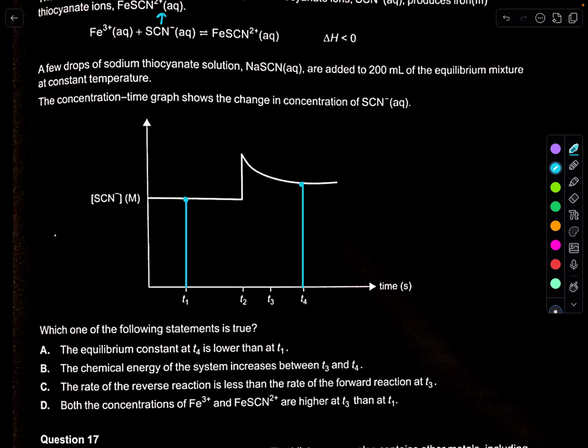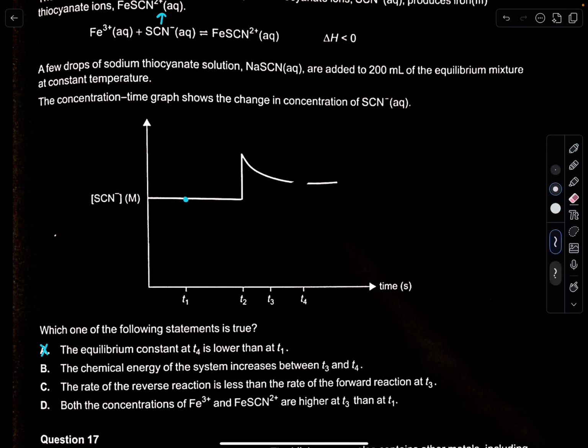Doing anything like increasing pressure, adding reactants or changing volume does not have an effect on the equilibrium constant. Only one variable, and that's temperature. Because there is a constant temperature, the K value is actually constant. It doesn't change. So this is absolutely wrong.